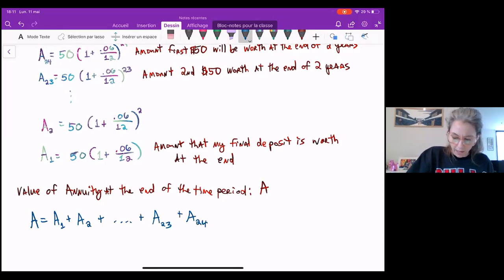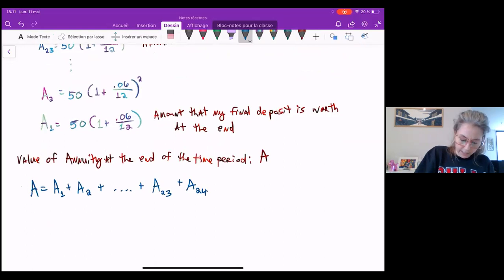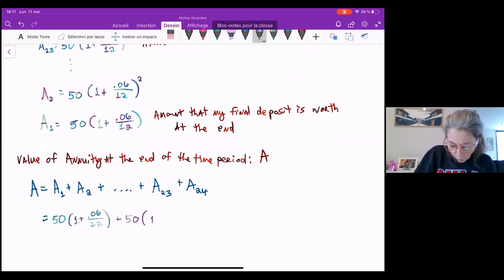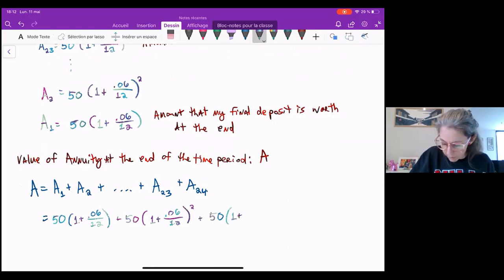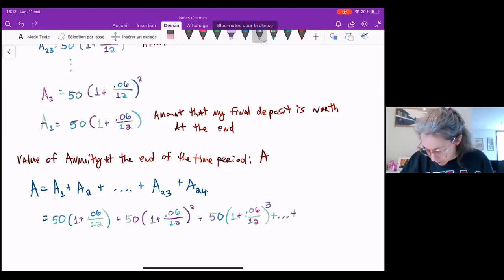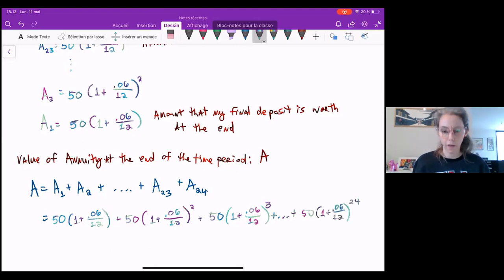And when we look at this, this is equal to 50 times 1 plus 0.06 over 12, plus 50 times 1 plus 0.06 over 12 squared, plus 50 times 1 plus 0.06 over 12 cubed, plus 50 times 1 plus 0.06 over 12 to the 24th for our final thing.